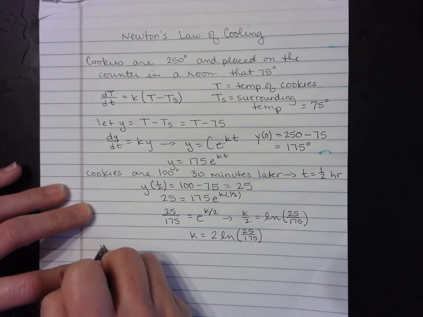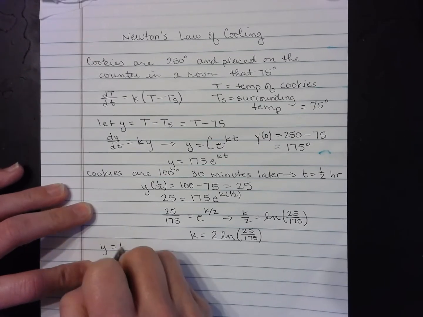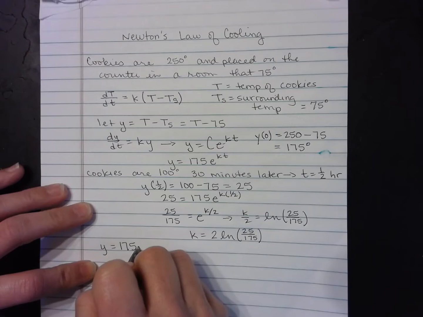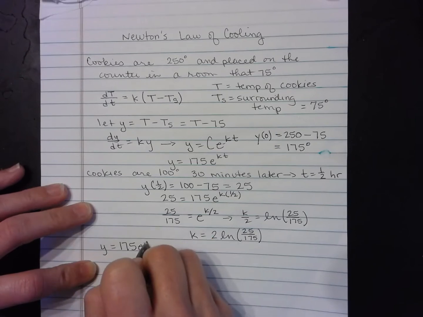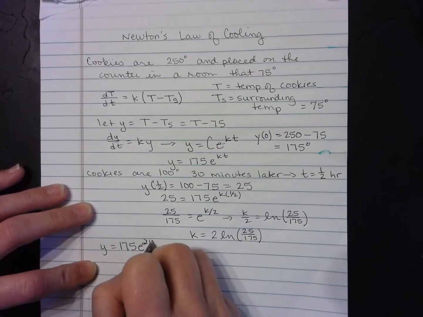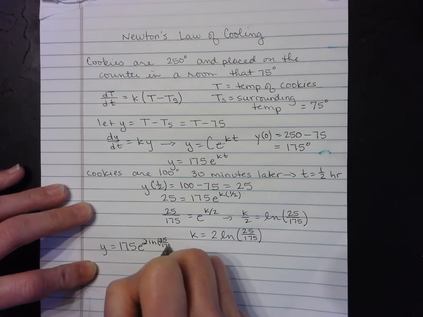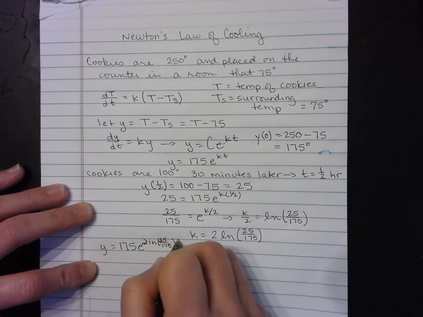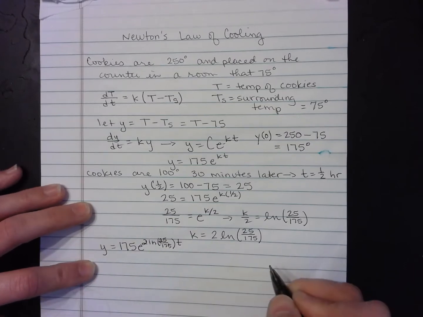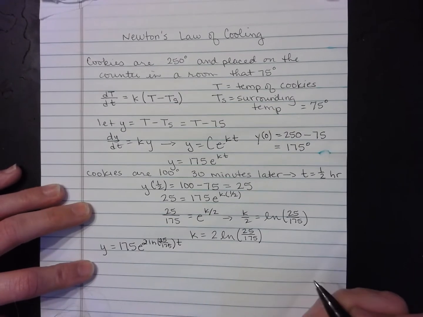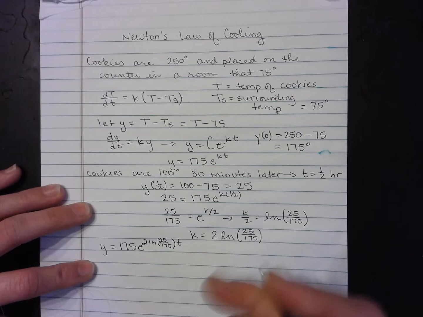That makes our function y equal to 175 e to the 2 natural log of 25 over 175 times t. That would be my function to determine the y value.